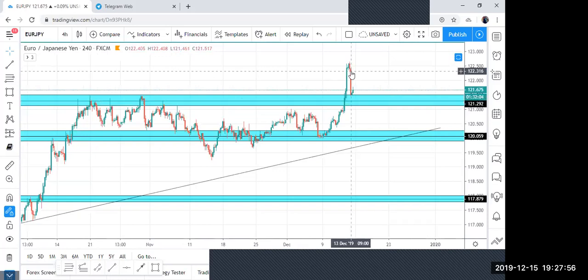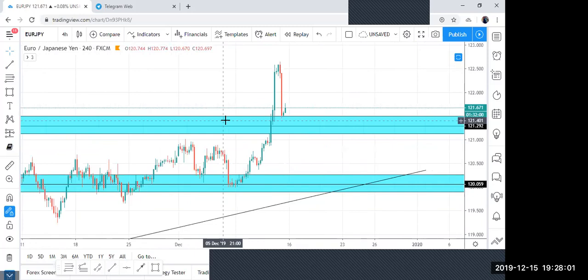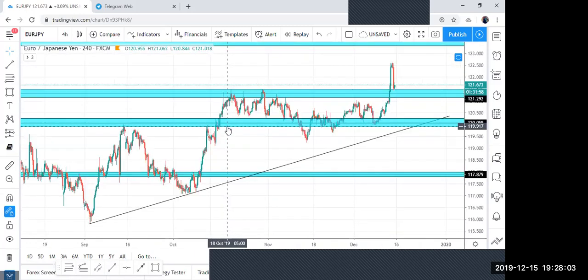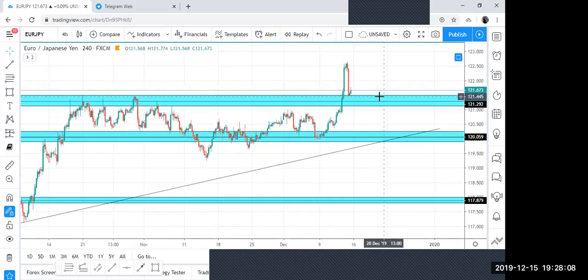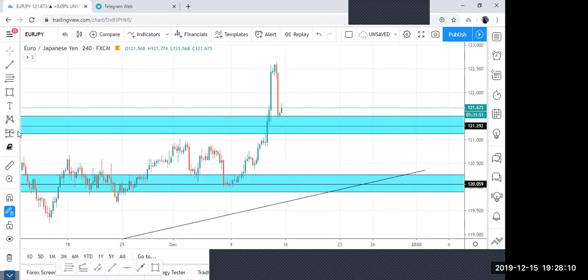I don't like this strong candle coming down to the zone. I don't like that. But you can clearly see that this previous resistance turned to support. First glance, looking for it to go all the way back up to the next zone.